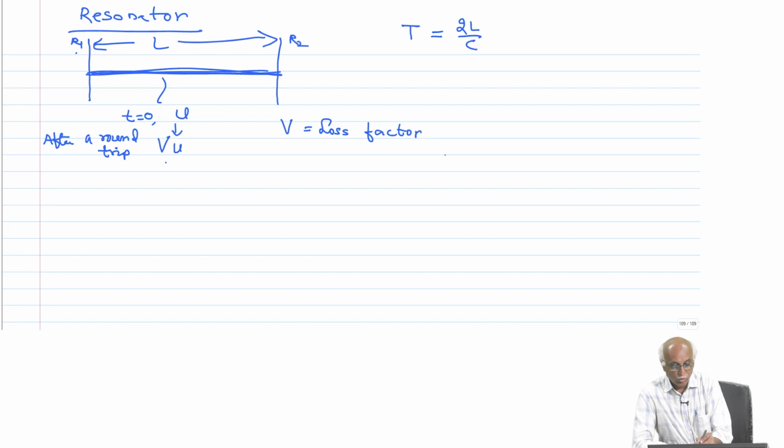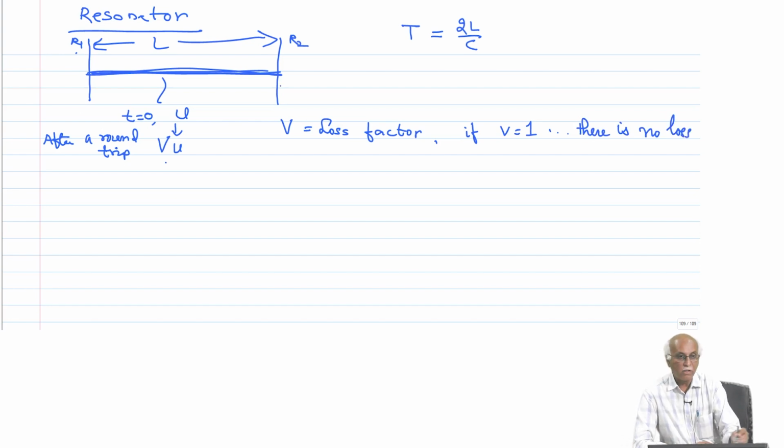If V is equal to 1, it means there is no loss: after one round trip U remains U. And when V is less than 1, there is a loss.